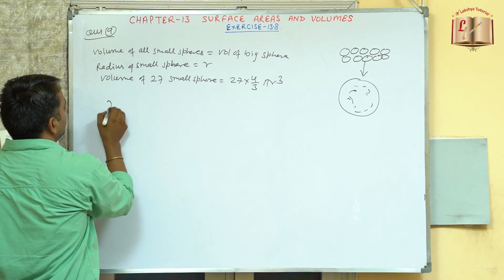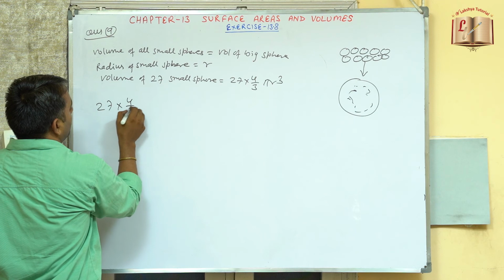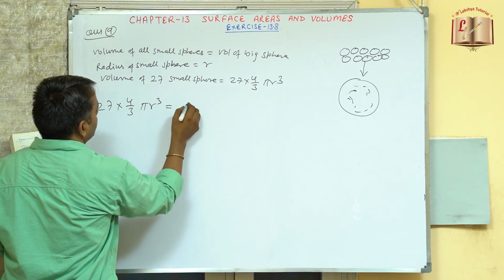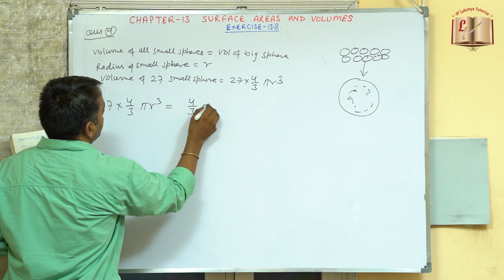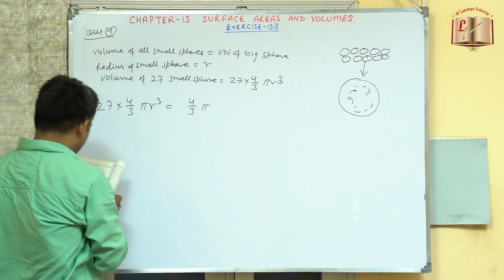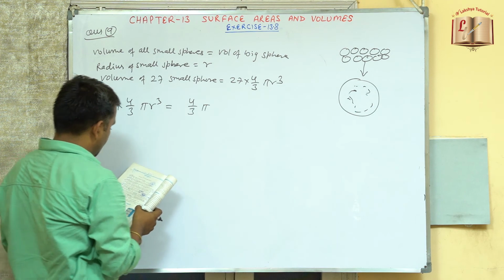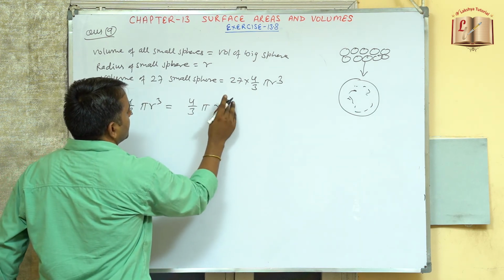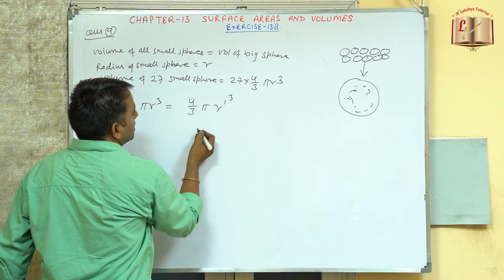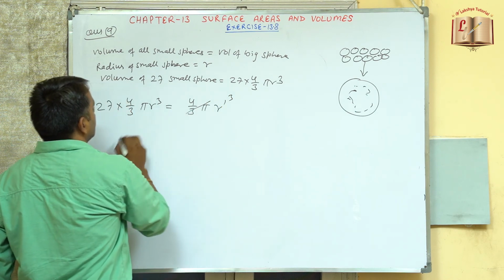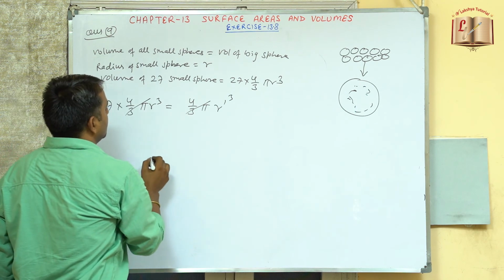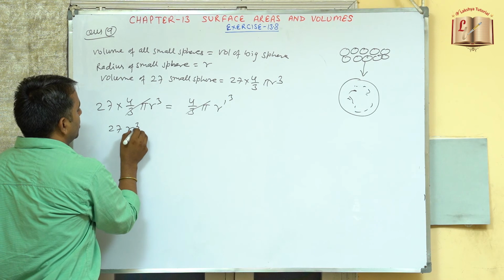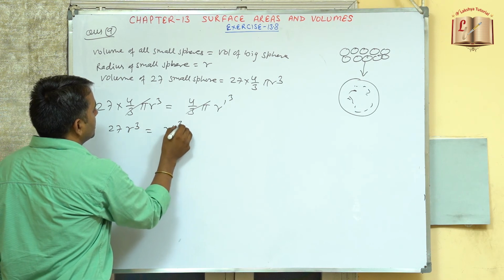So 27 into 4 by 3 pi r cube will be equal to 4 by 3 pi, and the radius of the bigger sphere is r dash, so r dash cube. 4 by 3 pi cancels. So 27 r cube will be equal to r dash cube.